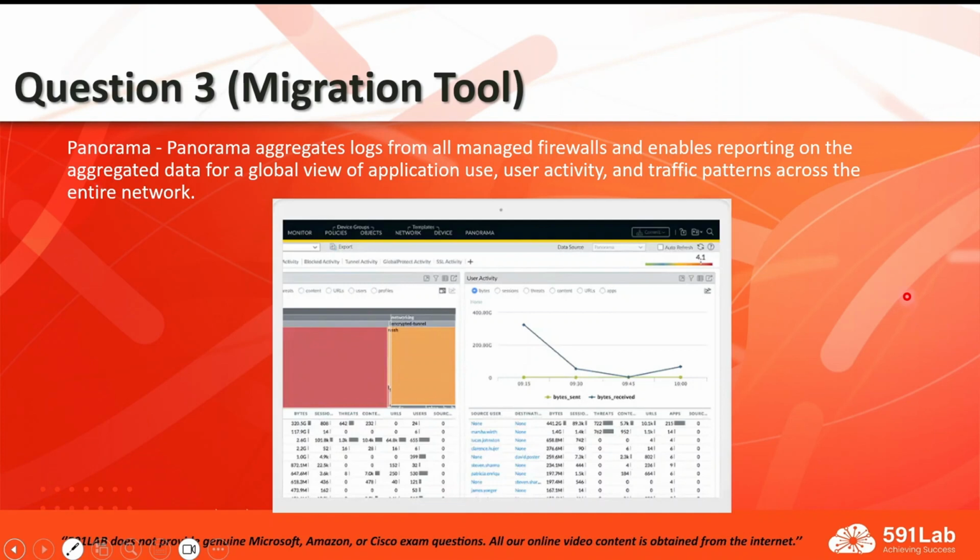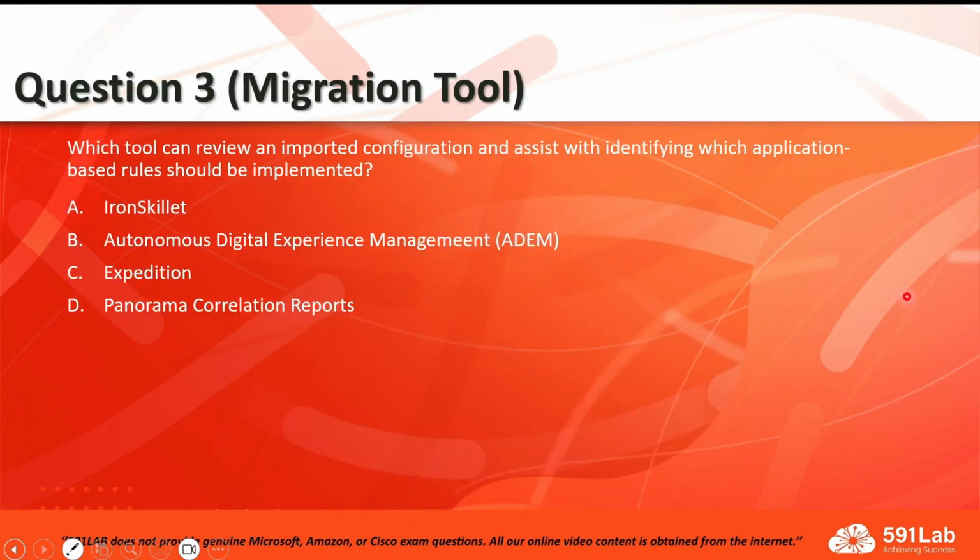Then from those explanations, now we can check the options, whether each option is correct. Option A, Iron Skillet, is not the answer. And then B, Autonomous Digital Experience Management or ADEM, is also not the answer.